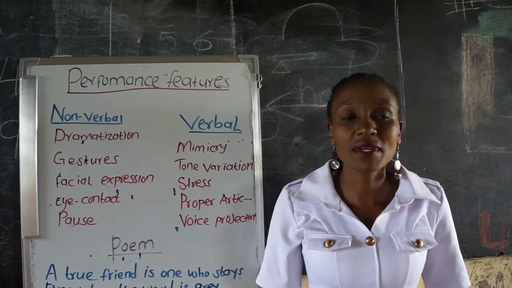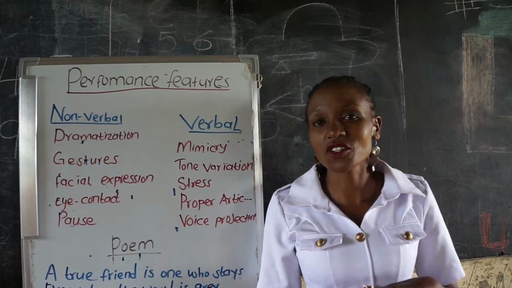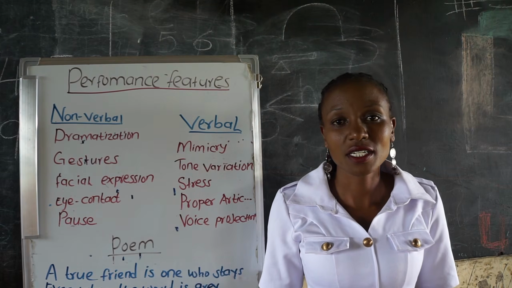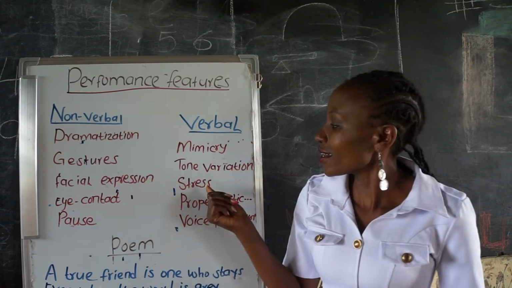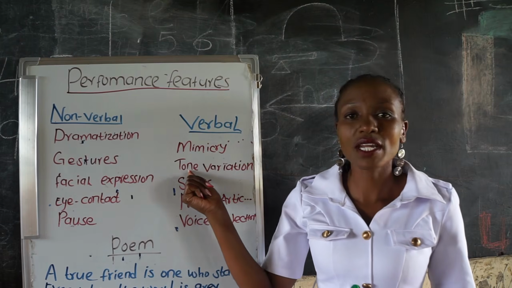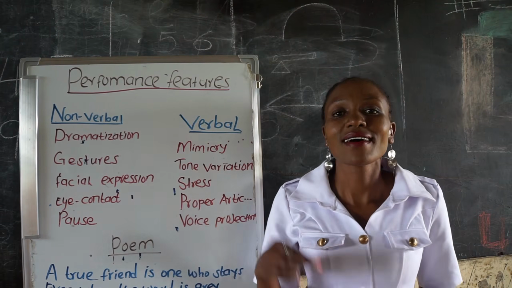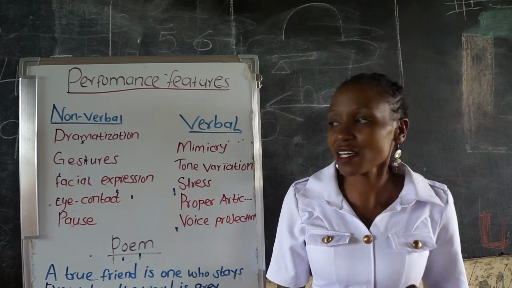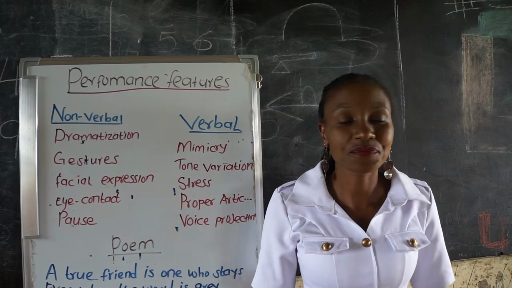If it's a statement, it's a falling intonation to create emphasis. How about yes, no questions? So I'd refer you, if you want to learn more about this tone variation, have a look at the rising and falling intonation, and you will understand all these things.